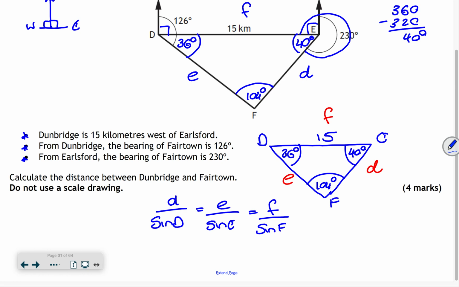Let's tick off what we know. Well, we know side f, we know angle f, angle e, and angle d. And I want to work out the size of side e. So it's just going to be that bit there.